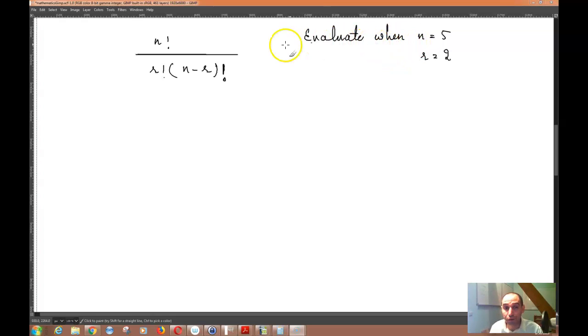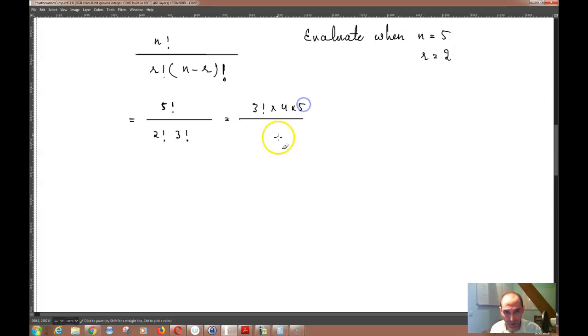So this is going to be equal to 5 factorial over 2 factorial times 3 factorial, which is the same thing as 3 factorial times 4 times 5 over 2 times 3 factorial, and then you can simplify these and you will get 10.